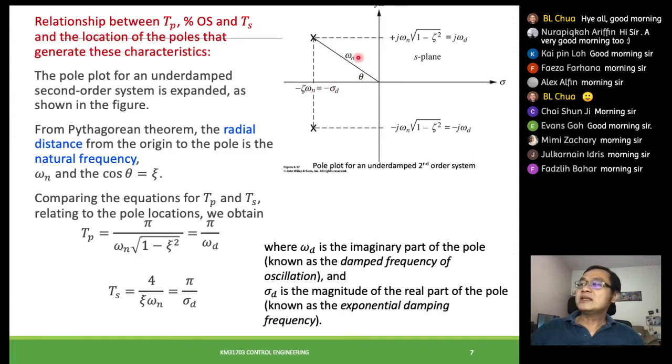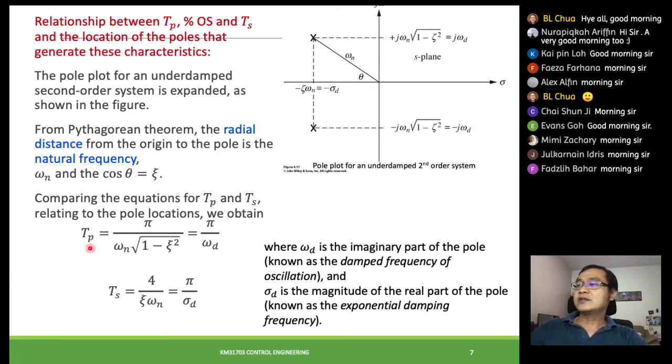So by doing this, now you can see the relationship between the natural frequency and the damping ratio, and from there we would want to visualize how the poles change and how the system will react, and from there we can do our own design at a later stage, which we will cover. But this is the fundamentals of it, where we look at the S-plane, where the locations of the poles are.